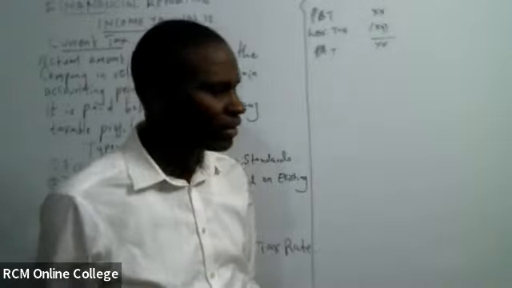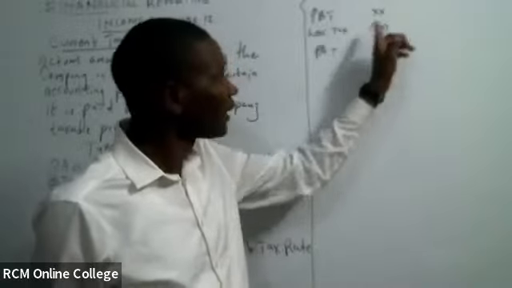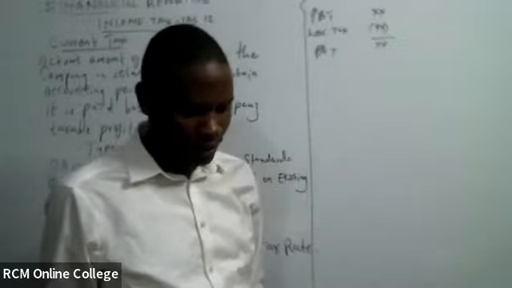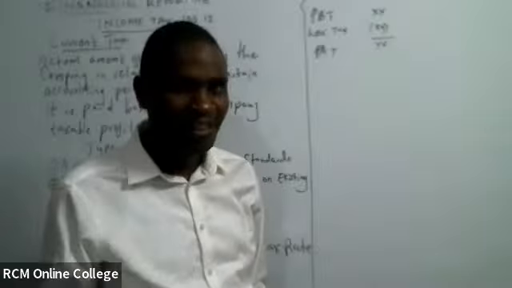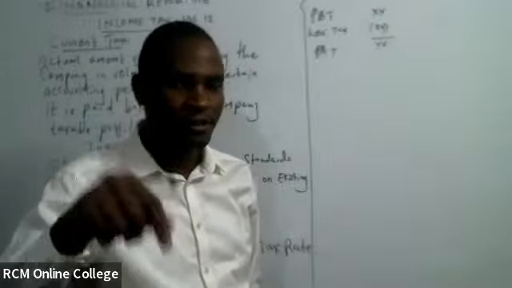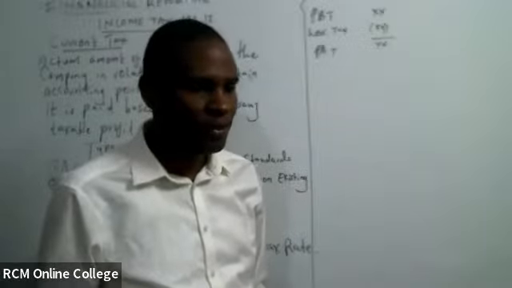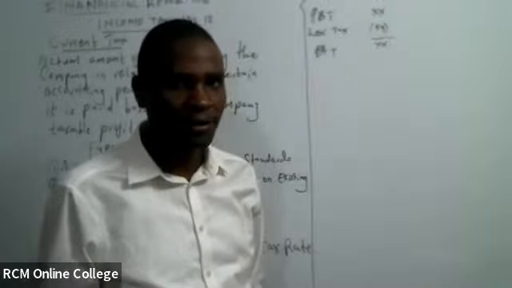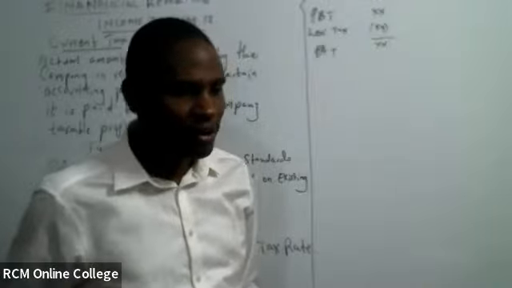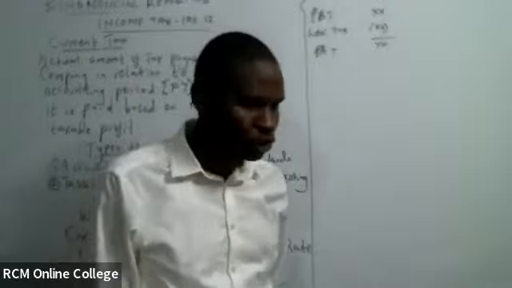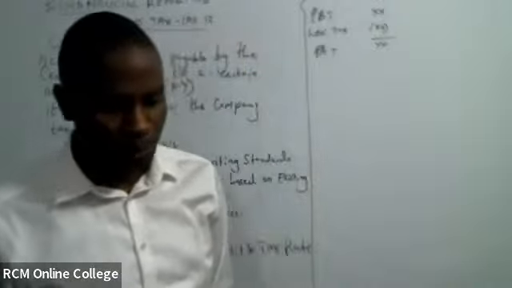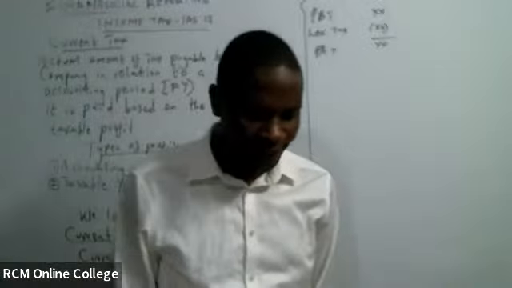I want us to have a scenario that will help us understand this provision and know how we can treat it and how we identify it. As far as the trial balance is concerned, how do we identify whether we have an under provision or over provision? So I want you to have this.